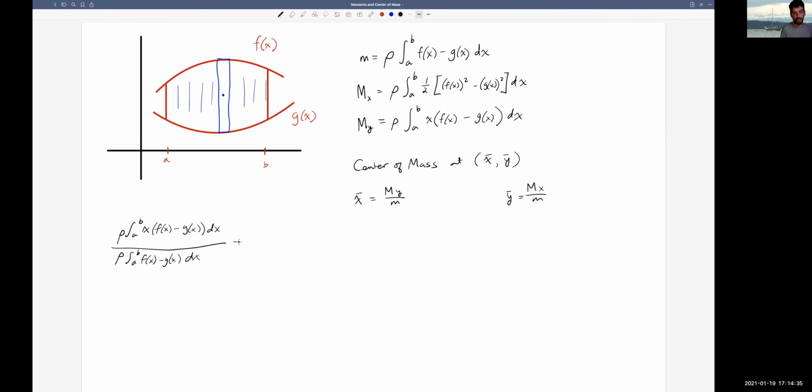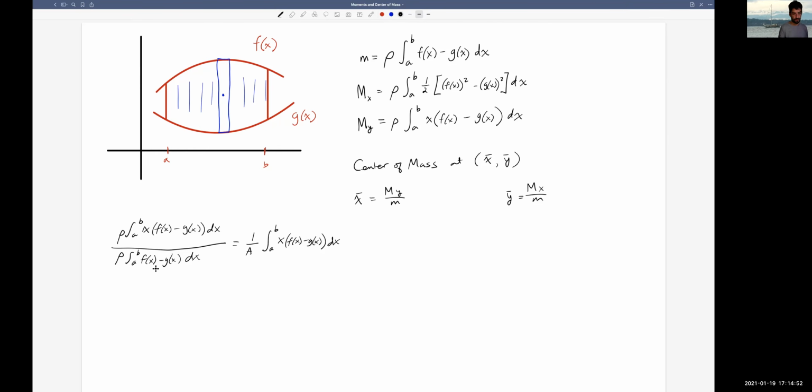These rhos are constant, and the denominator is simply the area of the shape. So sometimes we can write this as 1 over the area times the integral from a to b of x times f of x minus g of x dx.